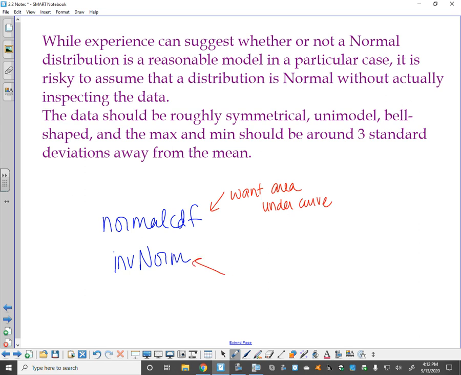You use this when you're given area under the curve. And then make sure that you're super comfortable going from a regular piece of data to converting it to a z-score, and make sure that you are best friends with him.